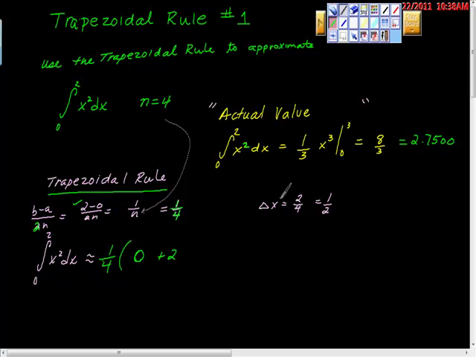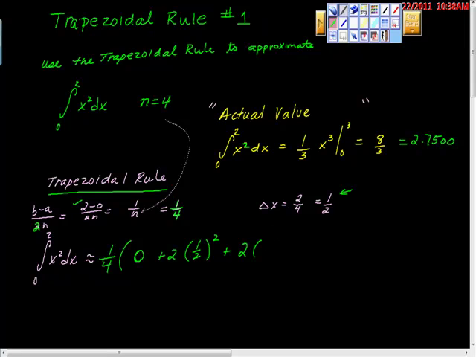Again, we had a distance of 2 to cover, 0 to 2. We are going to break that into 4, so each piece would be worth 1/2. So 2 times 1/2 squared. Why 1/2 squared? Because our function is a squared function.